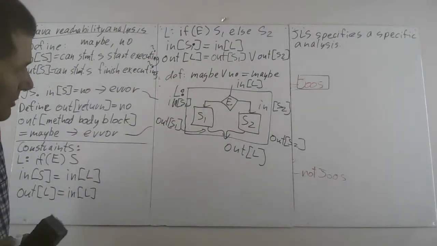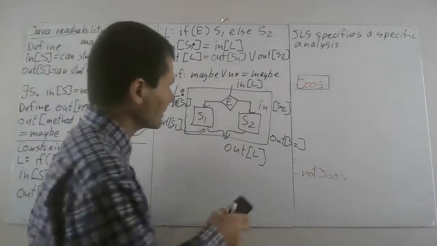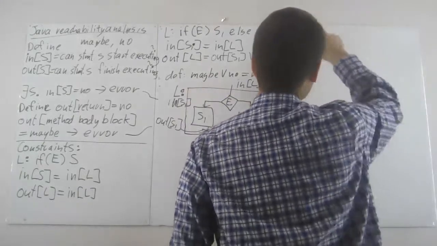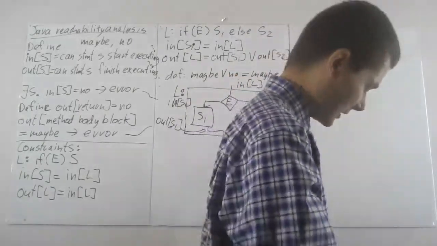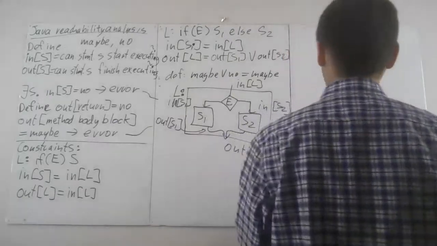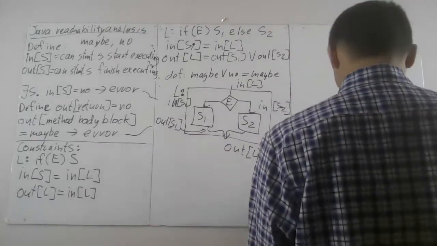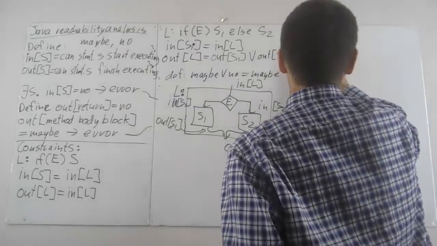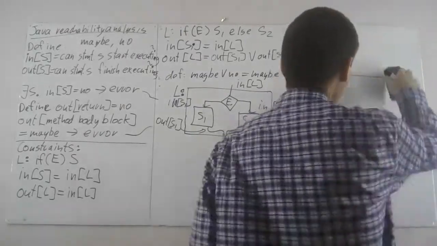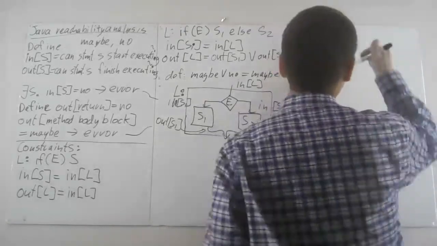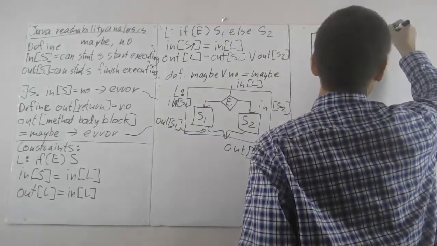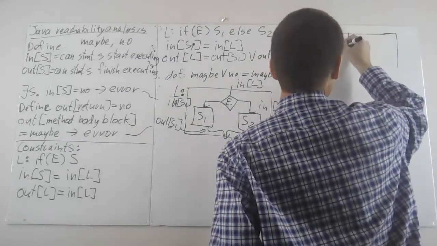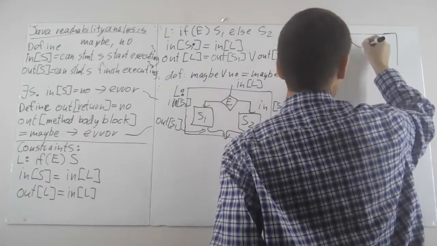For if statements, I said it's helpful to draw a flow chart. So we can draw one for a while loop. I'm going to have my while loop, and we'll call it L. We go into the while loop, and we check a condition.